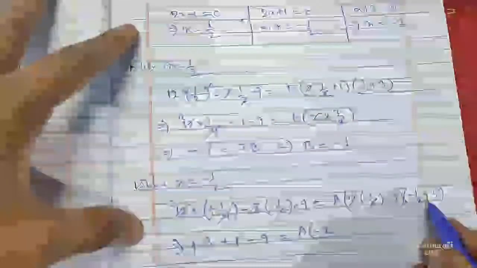Here you have to put it: minus 6 equals B into 2 into 7 by 2, so the 2 cancels, so B equals minus 6 by 7, and the remaining terms cancel, C plus ... equals 1.